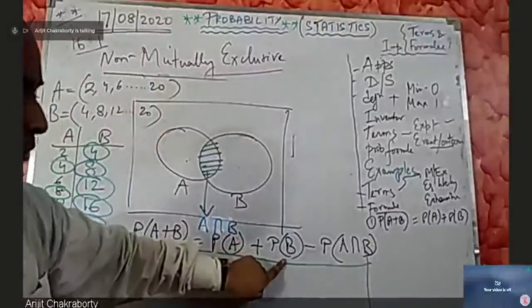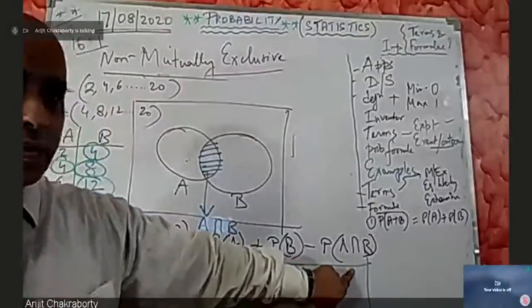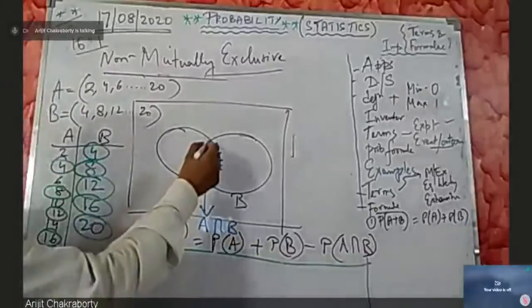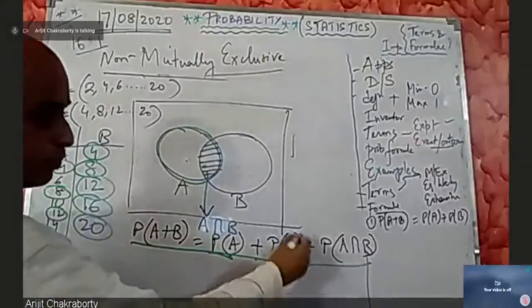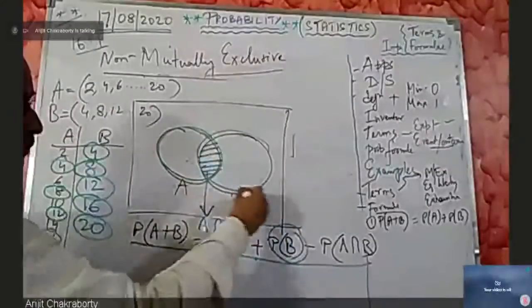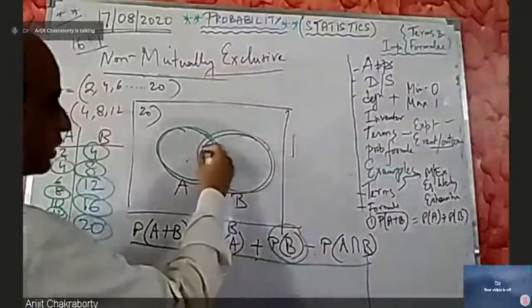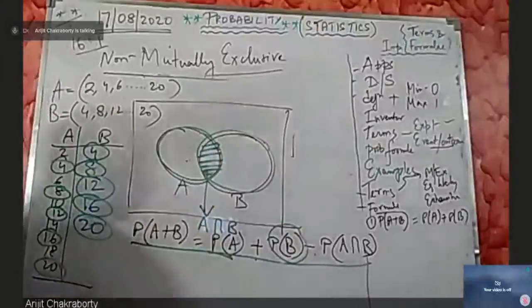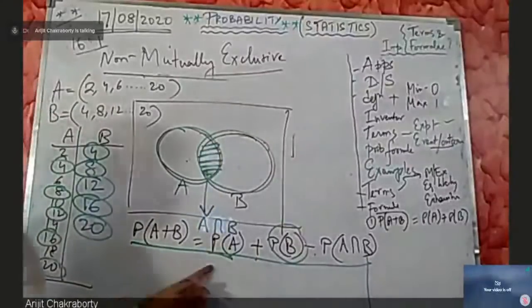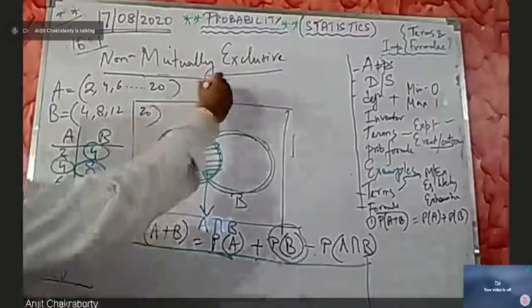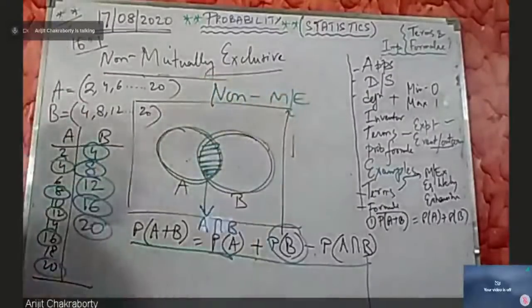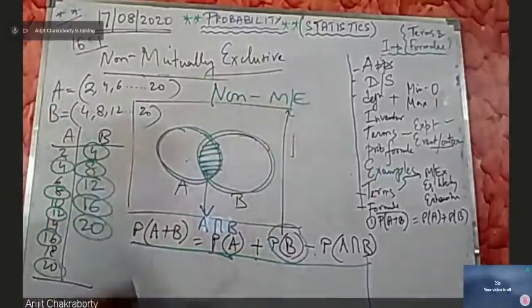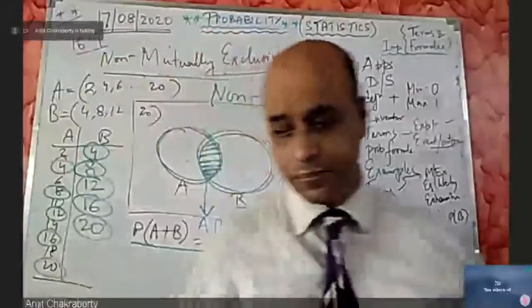P(A) plus P(B) minus probability of A intersection B. So P(A), the full A, plus P(B), the full B, minus this part. So please note, this is only for non-mutually exclusive events.